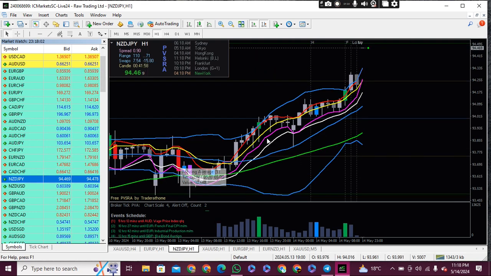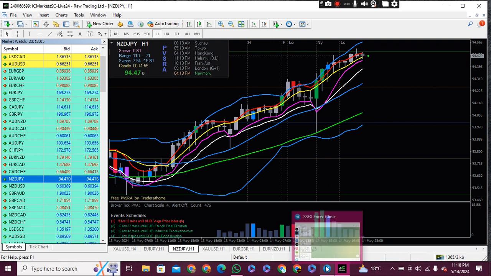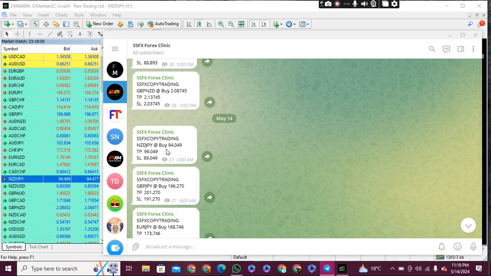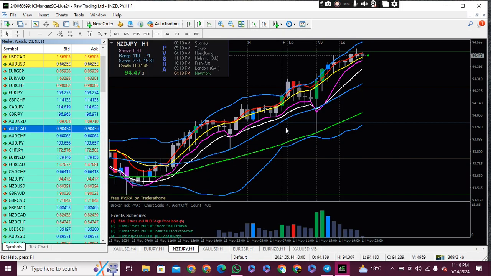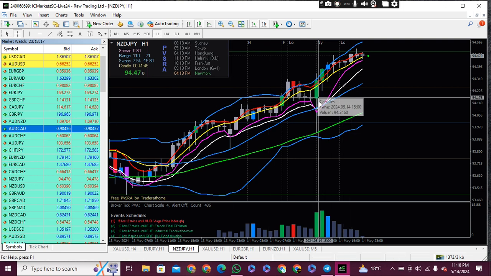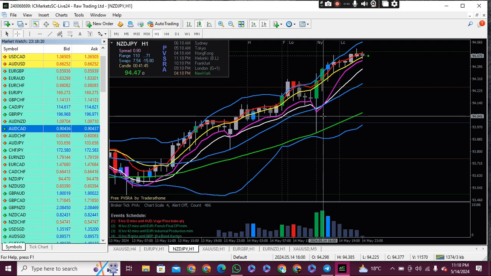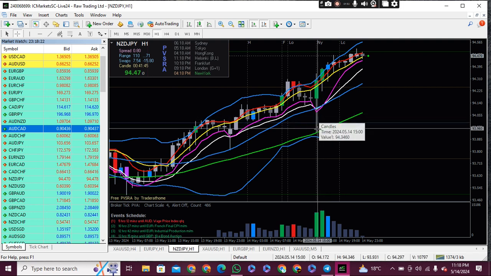That is NZDJPY. So our buy signal was from 94.04. So we take the crosshair to 94.04. That is when we had a buy signal.